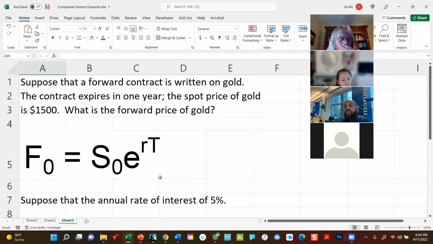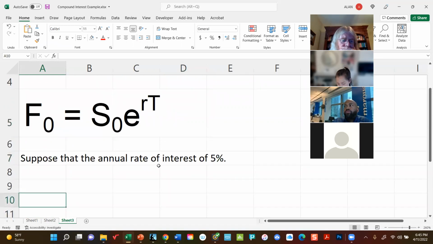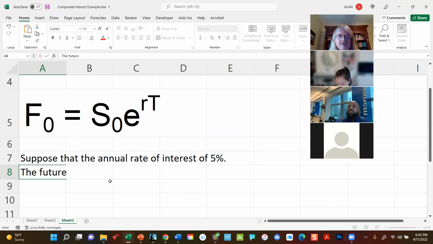If the annual rate is 5%, now, in principle, the future value is, let's put it this way, using Excel.